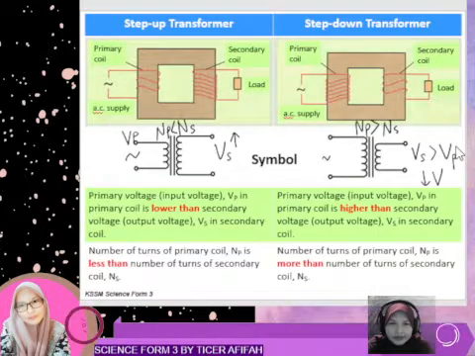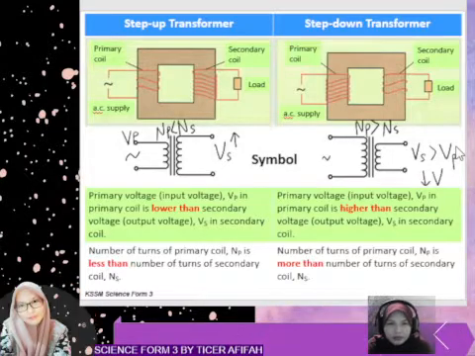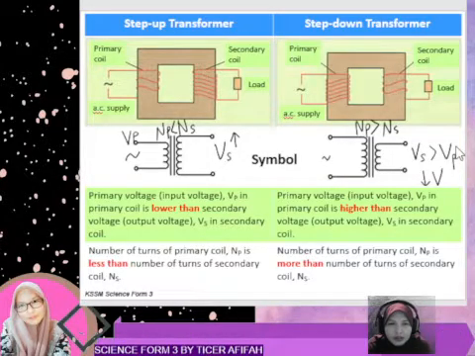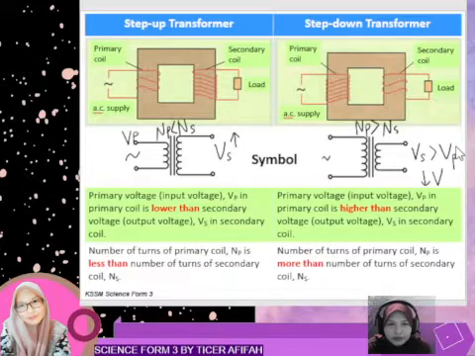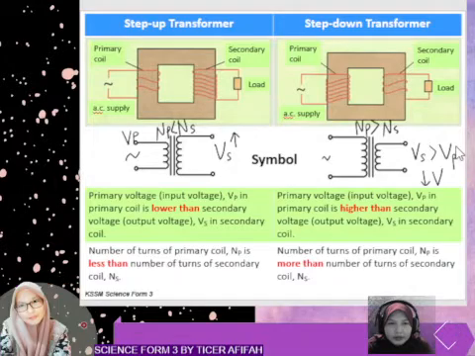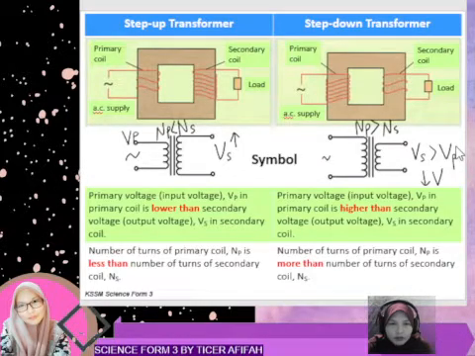We can see the difference by using the symbol also. The symbol shows you the type of the transformer used more clearly, because we can see the number of turns at the primary coil and secondary coil.